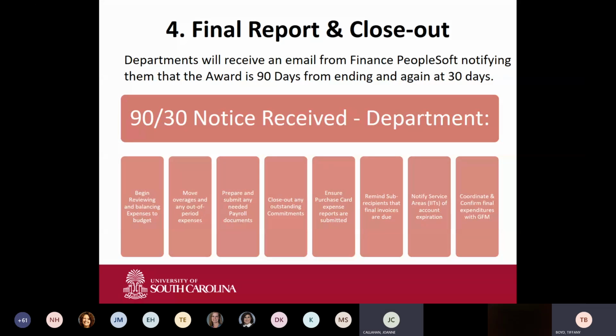Tiffany, do risk accounts need to be established for every grant that has more than 1 year? Risk accounts only, sorry, this is Marie. Risk accounts only need to be set up if you are going to have a new project set up and you anticipate the notice of award coming in late.